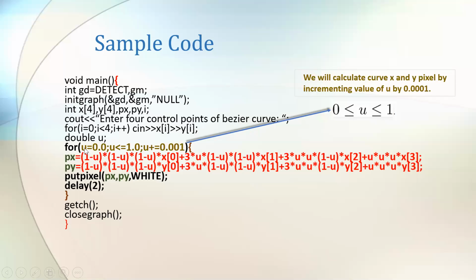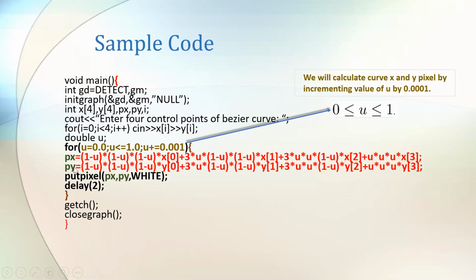Then I said u value ranges from 0 to 1. So we give the first value as 0 and the last as 1. The increment will be discrete increments, so here we are using discrete increments of 0.0001 because you cannot use more than that value.